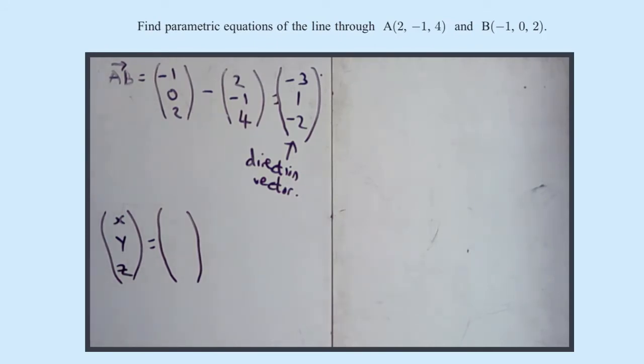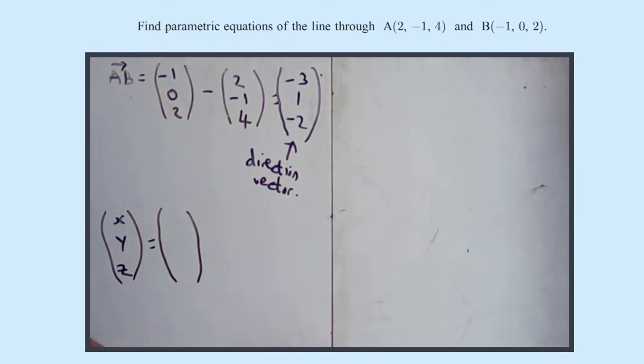I could work out lots of points on the line and I could pick any one of them as the position vector that I'm going to use. And also, you could multiply AB by all sorts of scalars to get a vector parallel to the line. So we're only getting one of an infinite amount of possible vector equations.